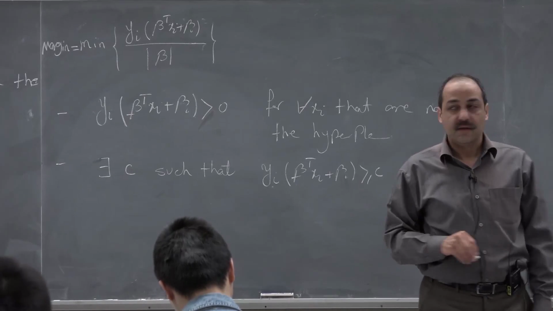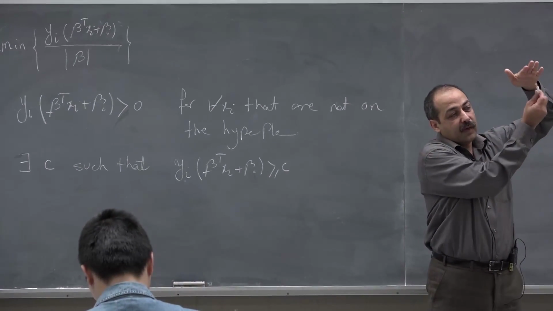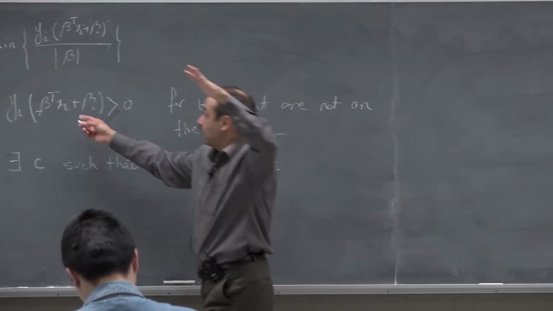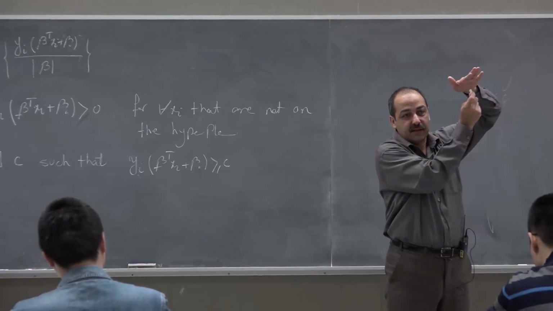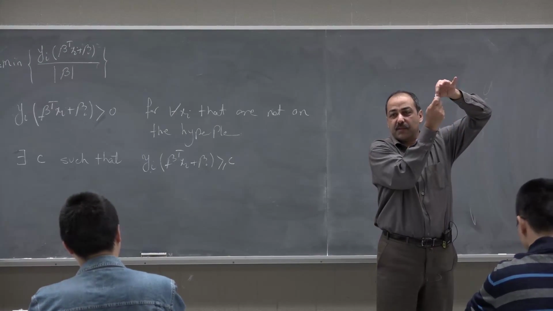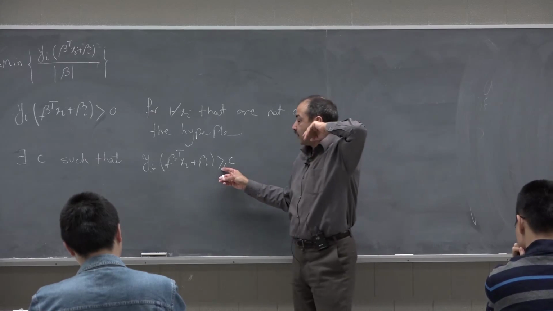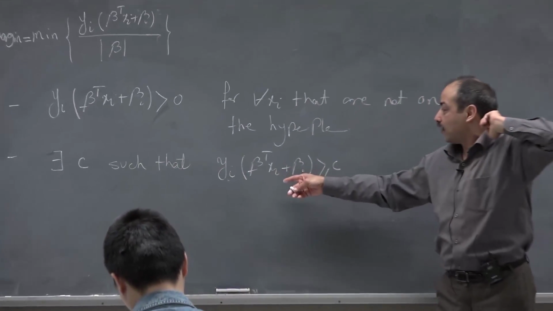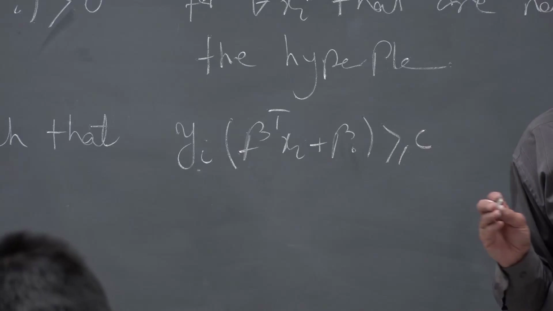Right? So I have this decision boundary. Suppose that for any point which is not on the decision boundary, yi times beta transpose xi plus beta null is greater than 0, meaning there is a distance here. So the smallest distance, call it c. So there is always a c such that yi beta transpose xi plus beta null is greater than or equal to c.